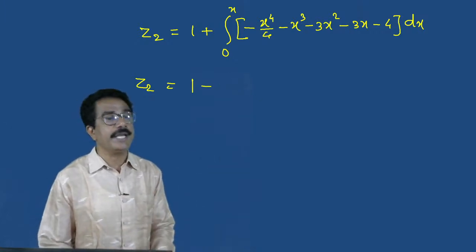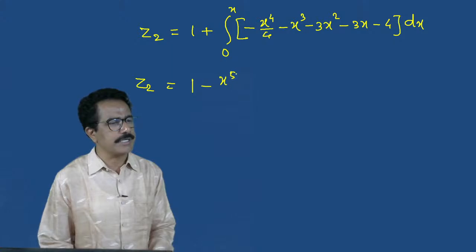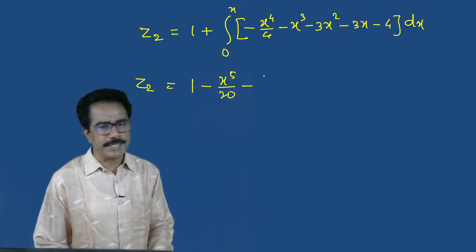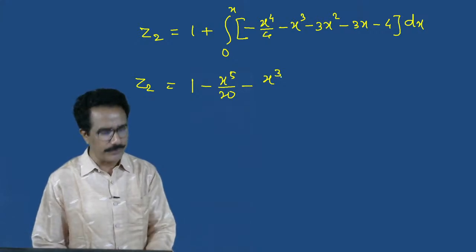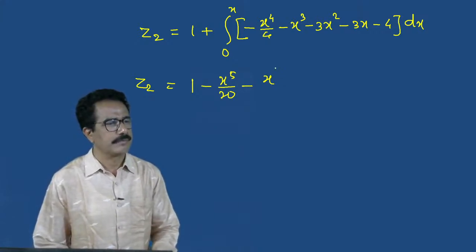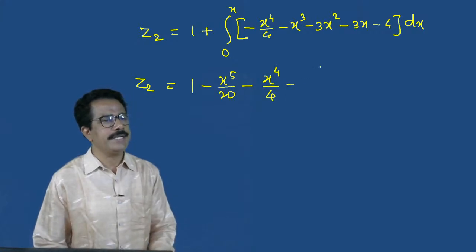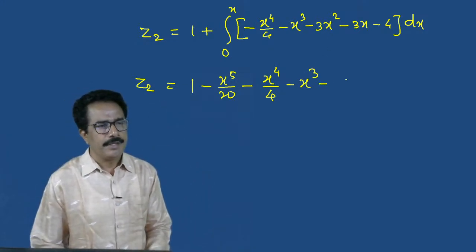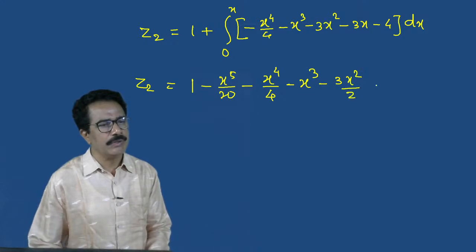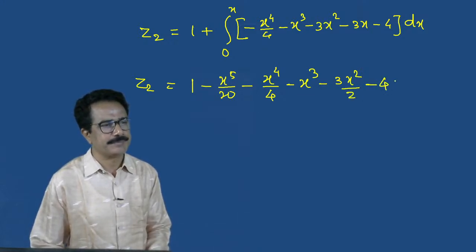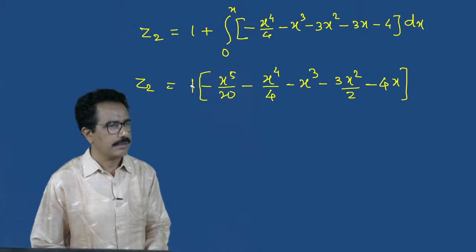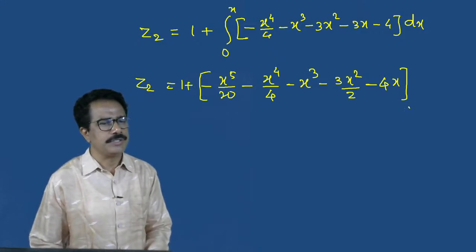Now take the integration. Integration of x raised to 4 is x raised to 5 by 20, minus x cube by 3... x raised to 4 by 4, minus 3x cube by 3 means x cube, minus 3x square by 2, minus 4x, over the limit 0 to x.